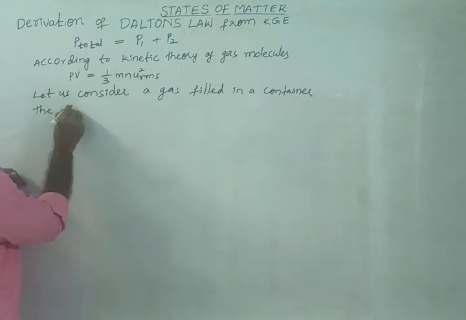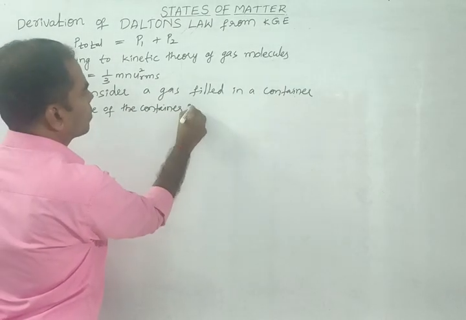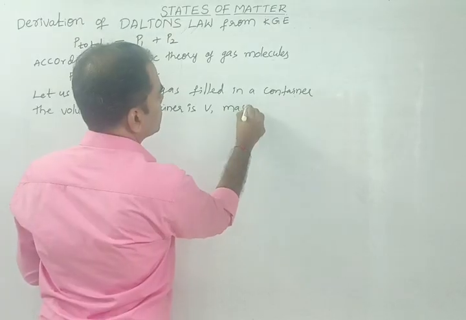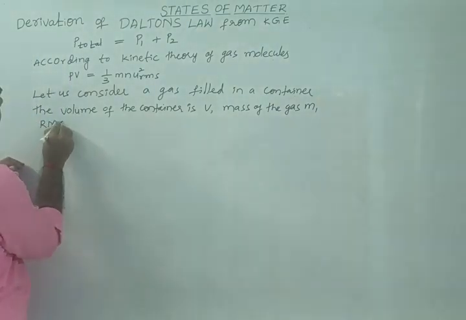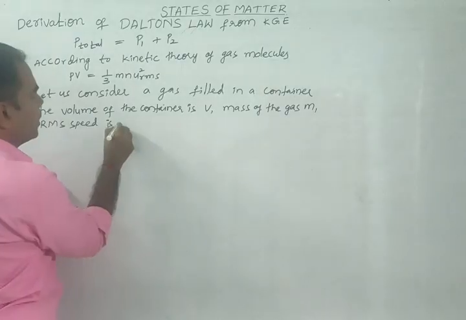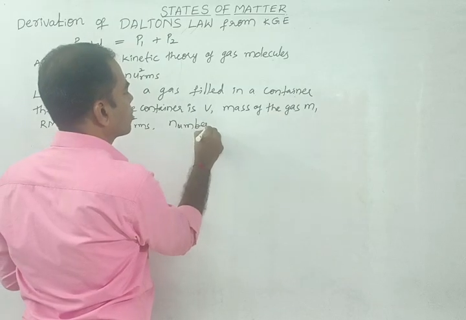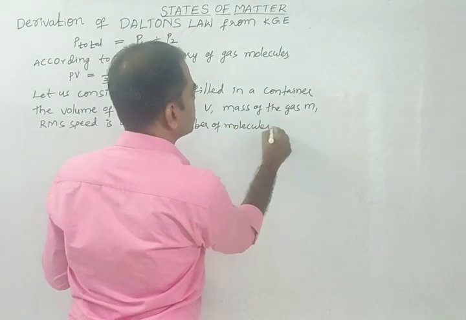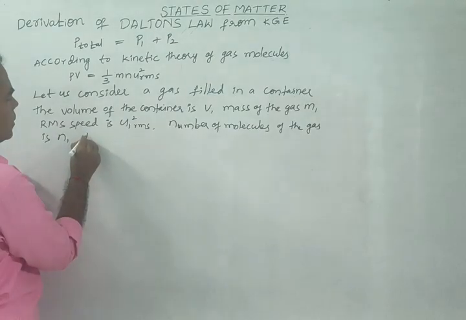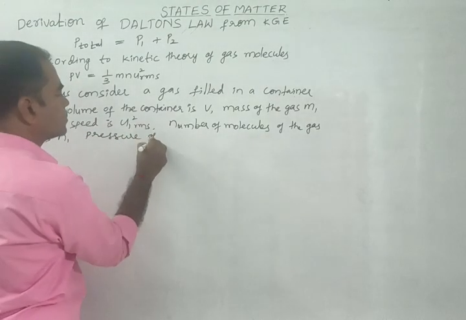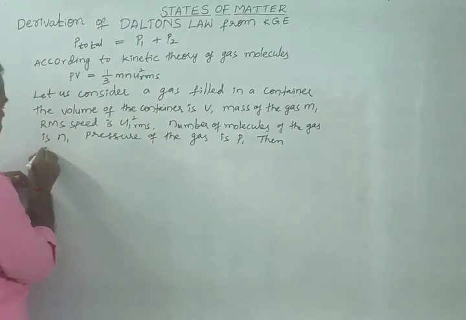The volume of the container is V, the mass of the gas is m1, the RMS speed is u1 square RMS, the number of molecules of the gas is N1, and the pressure of the gas is P1.